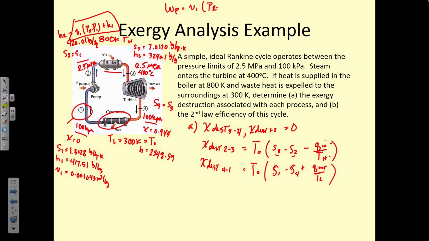So you could extrapolate off of the table and interpolate between lines and try to get it for 2.5 megapascals, or find some other source that has a table, or use these. Or you can make the compressed liquid approximation, which says that the work of the pump is equal to V1 times P2 minus P1, which is also equal to H2 minus H1. So then you can solve for H2.